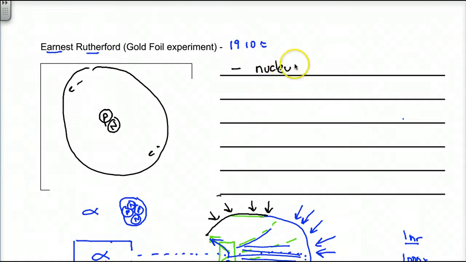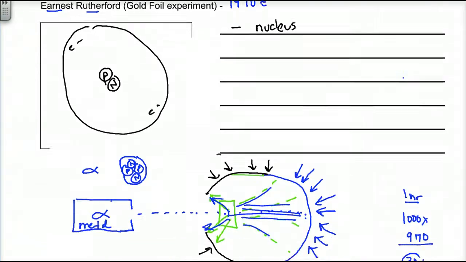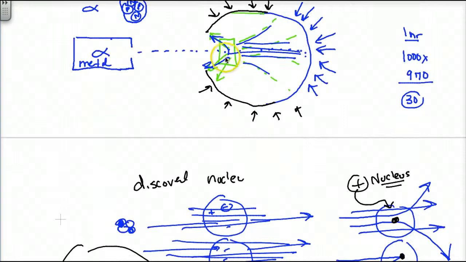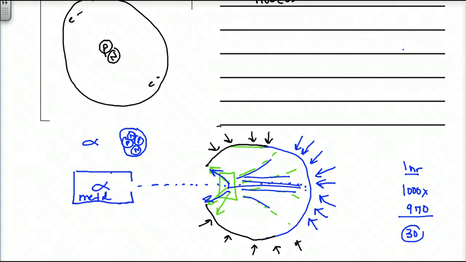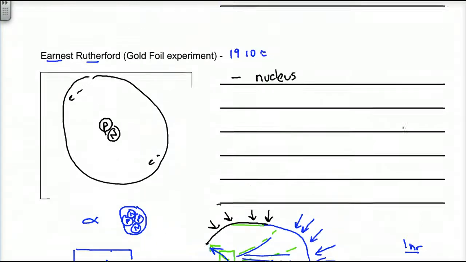He was actually able to measure it. Now, how did he measure the actual distance? Through probability: how many hits bounced off, and the deflections and the angles. He was able to figure out the probability of deflections and angles to get an actual distance, which was, I believe, 1 times 10 to the negative 10 meters.